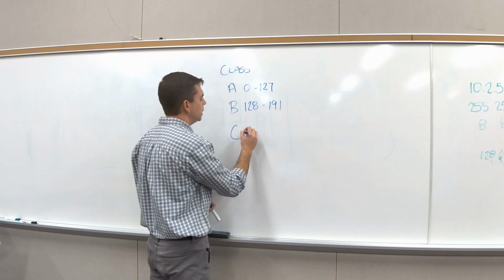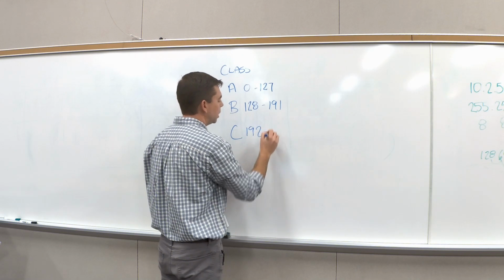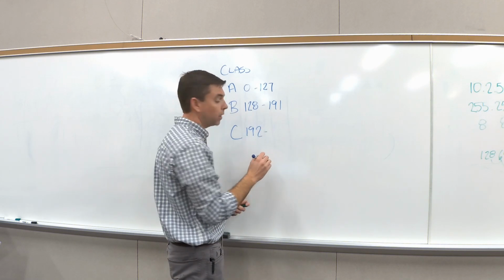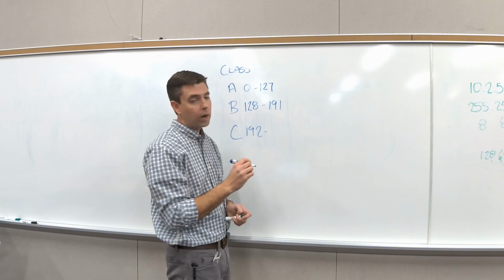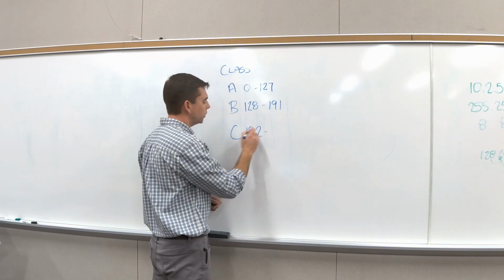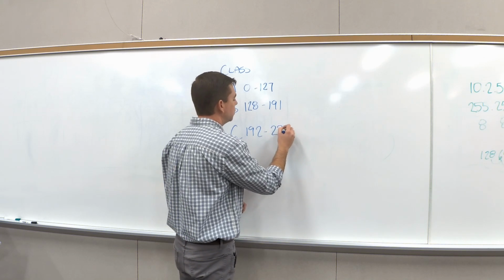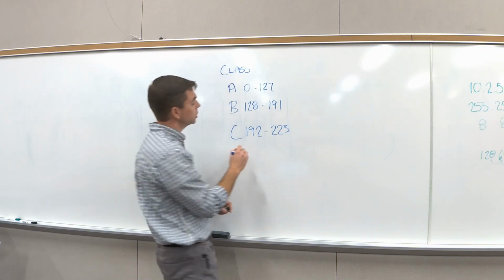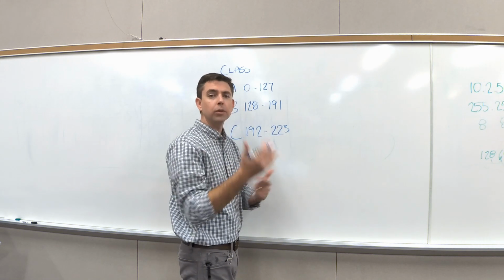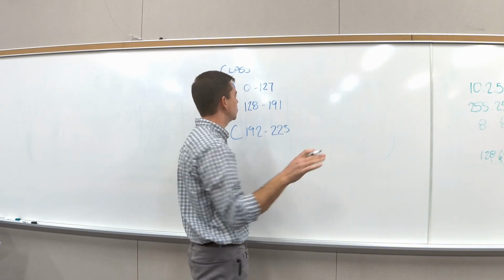And then your class C, which is 192 all the way up to 223. And again, this is the first number that you'll see in an IP address. We call that an octet. I'll get into it later.